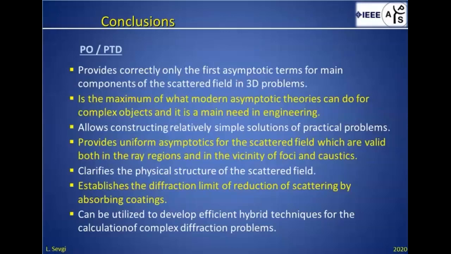It allows constructing relatively simple solutions of practical problems. It provides uniform asymptotics for the scattered field. It clarifies the physical structure of the scattered field, and PO-PTD establish the diffraction limit of reduction of scattering by absorbing coatings, and they can be utilized to develop efficient hybrid techniques. Next slide, please.